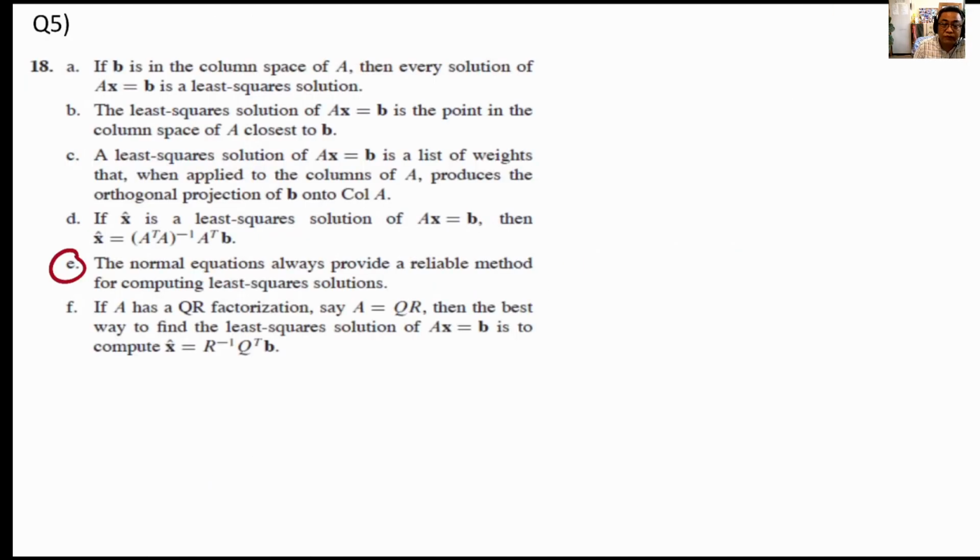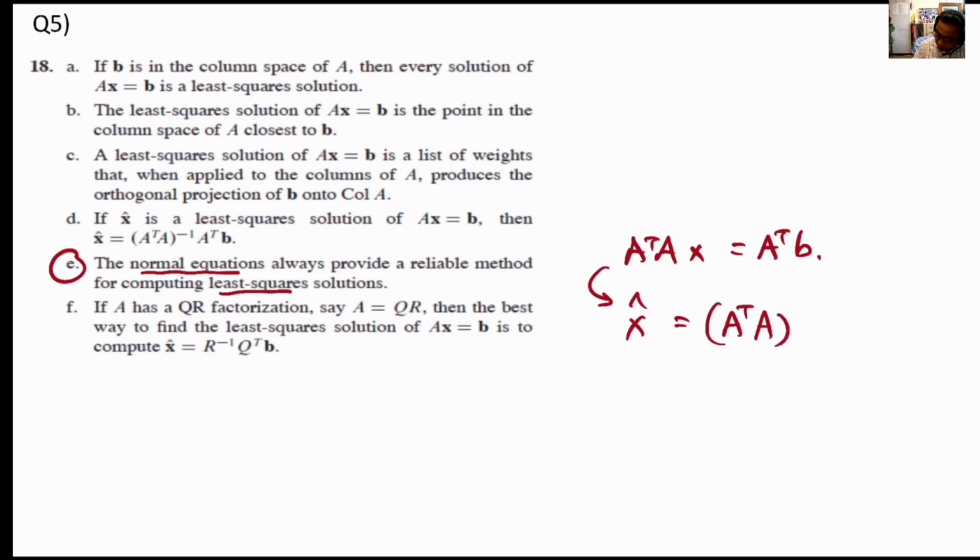In question 5, 18E, the statement states that the normal equation, ATAX equals ATB, provides a reliable method to compute the least squares solution. What he's implying is that x hat equals ATA inverse ATB is used to solve for the least squares solution.